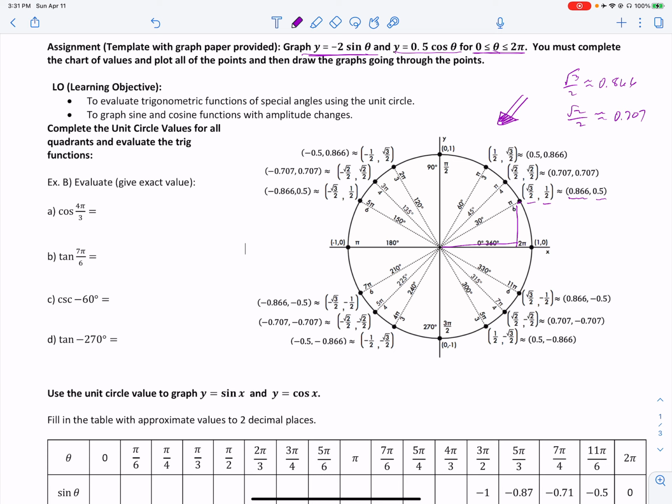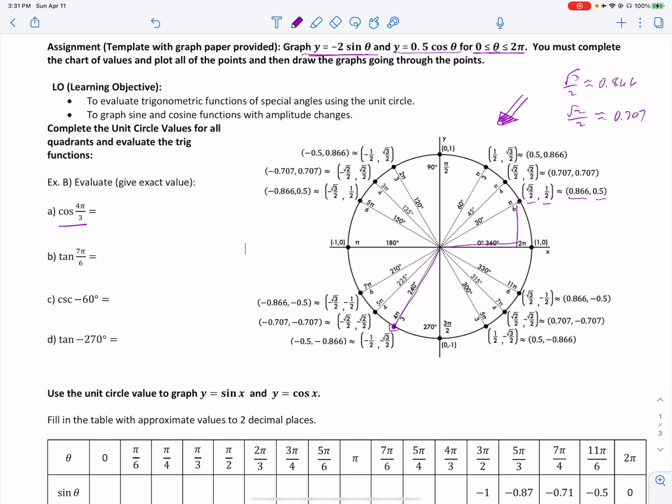of sine and cosine. Just to bring it together, in terms of evaluating cosine of 4 pi thirds, you want to find where the terminal side of 4 pi thirds ends, right here.